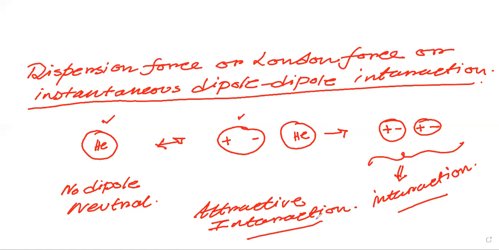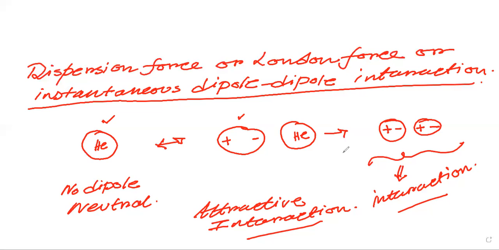So it is a very short interaction, but due to it the molecules come close to each other. And we have the molecular volume less than expected, and also the pressure less than expected at a particular temperature. So we see that non-polar molecules gain some dipole moment due to resonance, and then that dipolar interaction becomes an attractive interaction. So this is the London force.